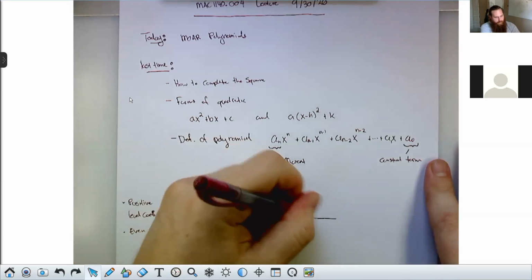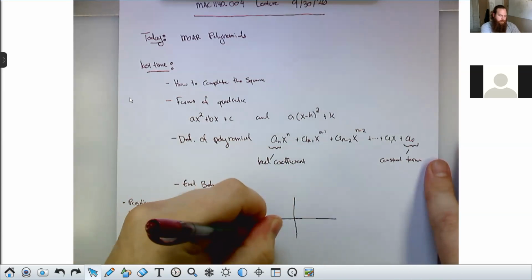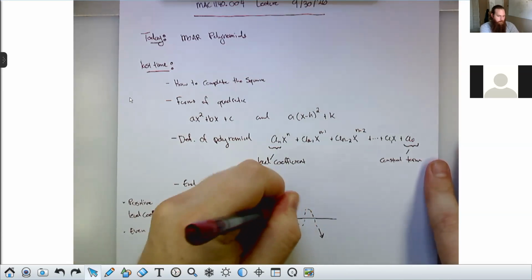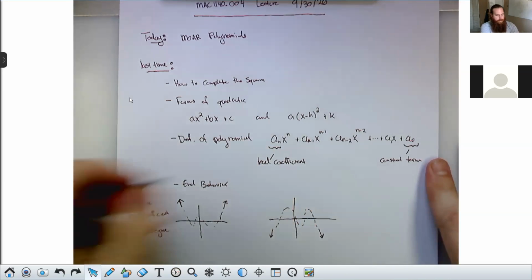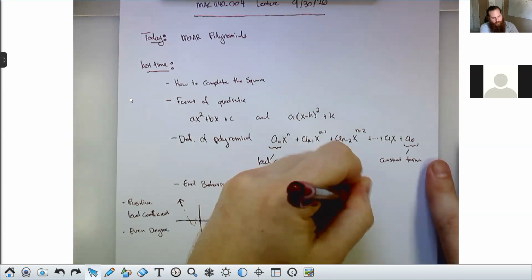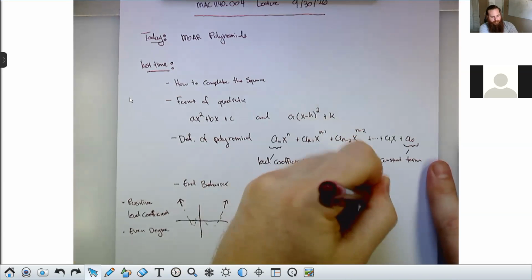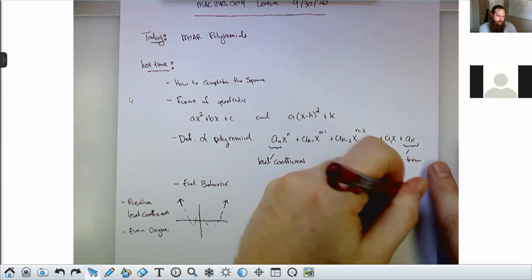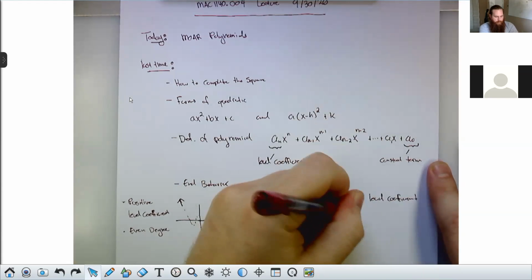The arrows pointing down on both sides correspond to a negative lead coefficient and an even degree.